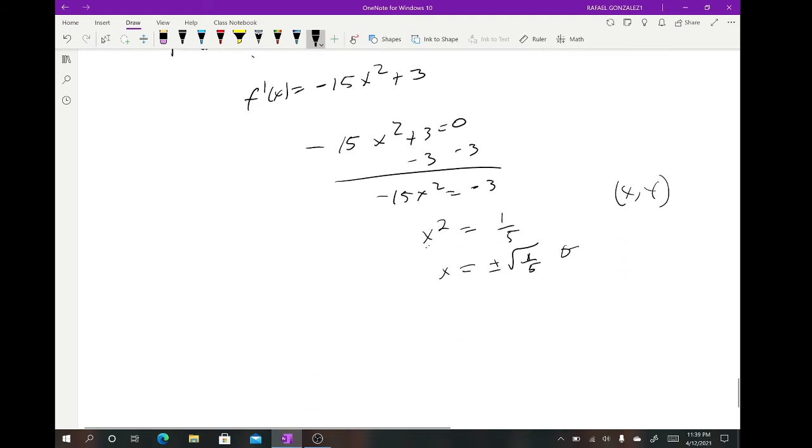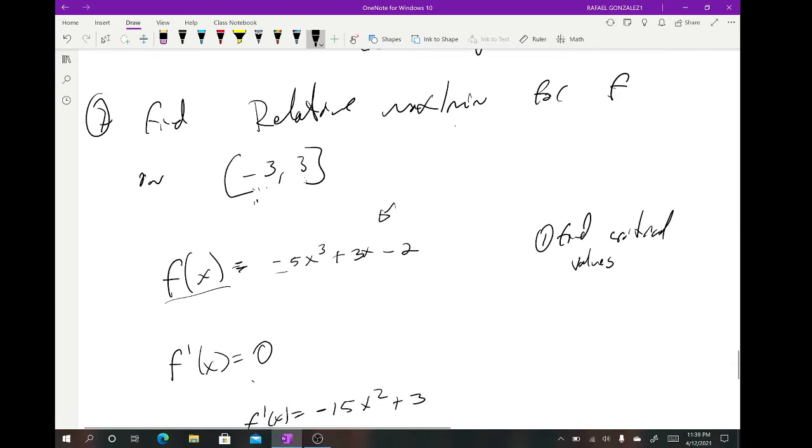Now, before we begin plugging in, make sure that the critical values you're going to be plugging in are on the interval, so that you don't do extra work. Both of these are on that interval because both of them are definitely smaller than 1.